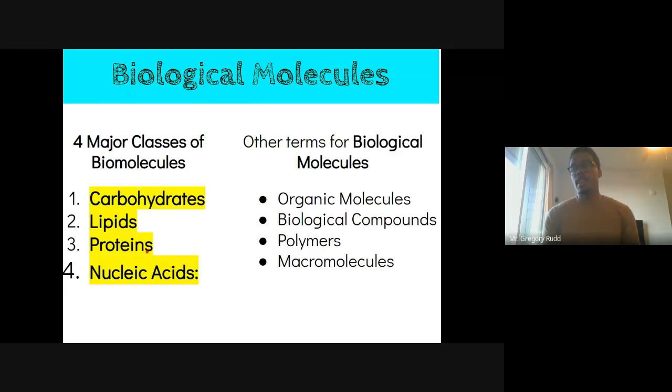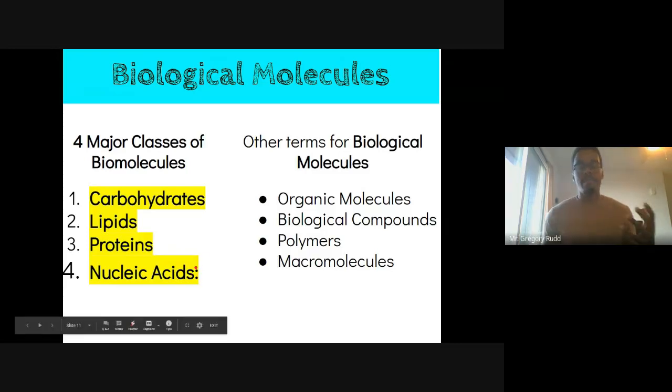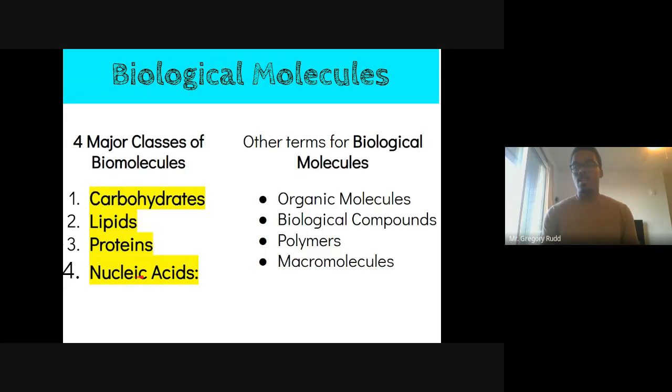And you'll see nucleic acids because every cell has its own DNA inside of a nucleus. DNA is an example of a nucleic acid. In fact, the NA in DNA stands for nucleic acid. So that was a quick overview. We're going to talk about each of them individually over the next few days.